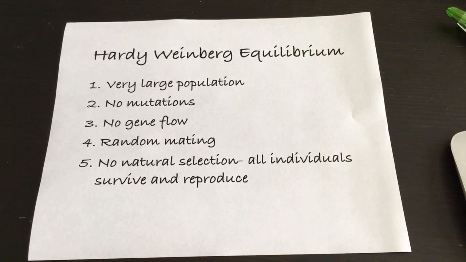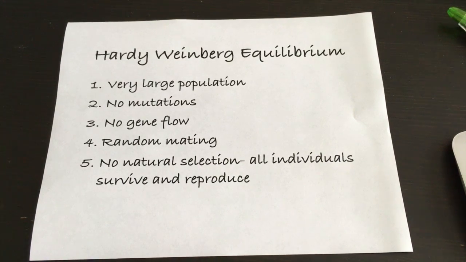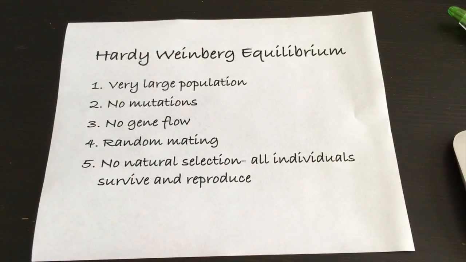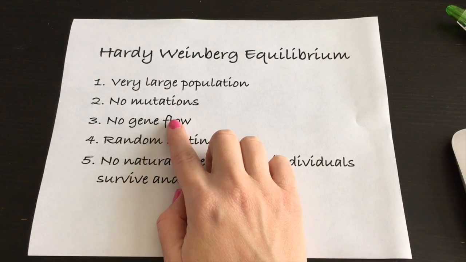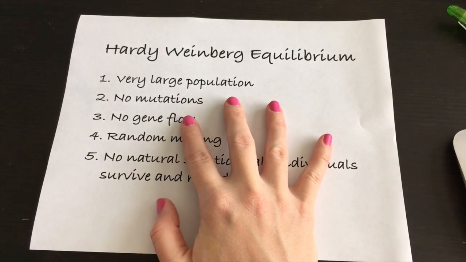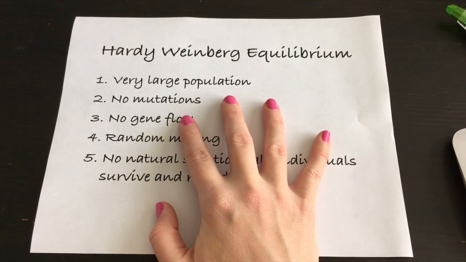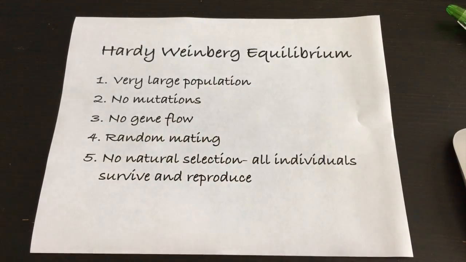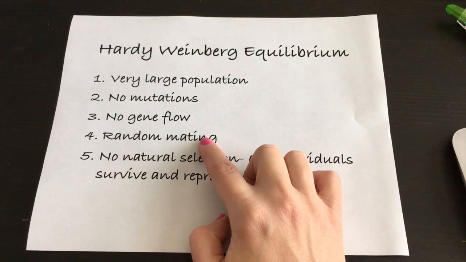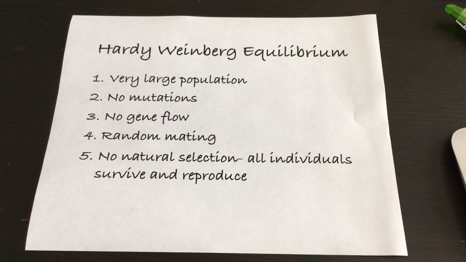When you say no mutations, that means no DNA mutations, no mutations caused by external conditions, none of that. No gene flow. Remember, gene flow is introducing new alleles into the population. Random mating. That means you're not going to choose your mate, but it's assigned to you.